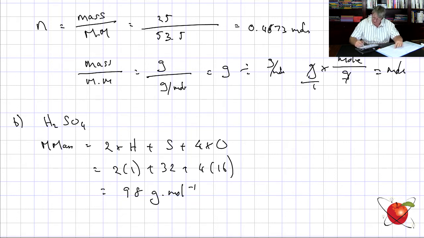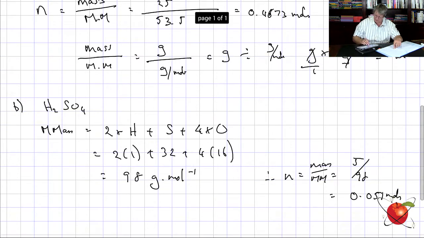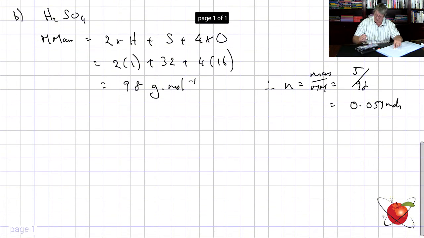And the number of moles is mass over molar mass, which is 5 divided by 98, which is 0.051 moles. I normally use 4 decimal places for these calcs, because I think that gives sufficient accuracy. But please note, they will tell you what they want. Always, in physics and chem, they will tell you.